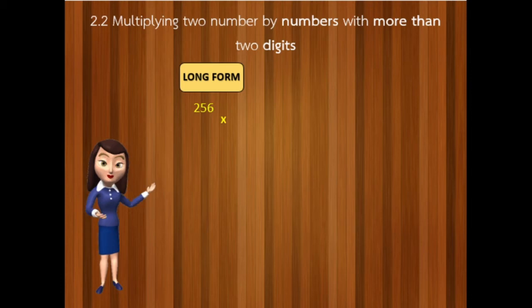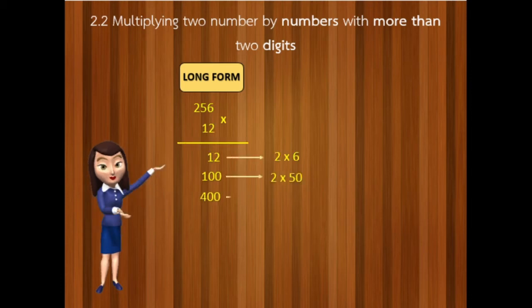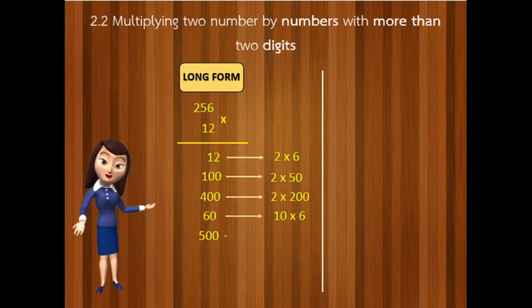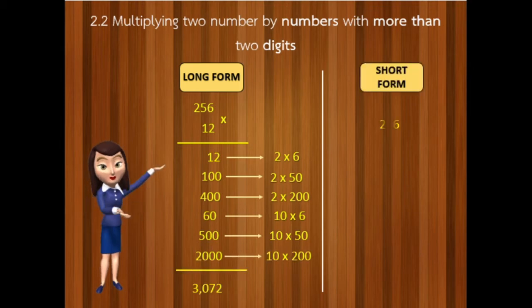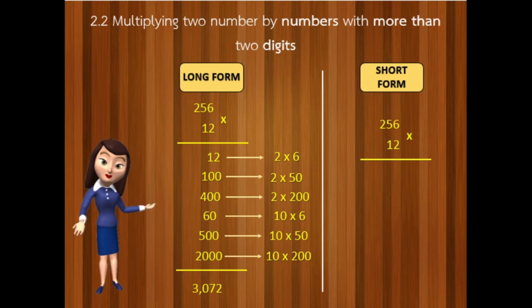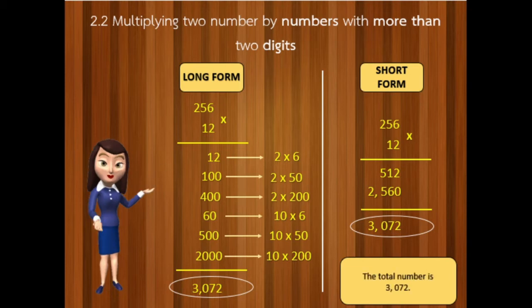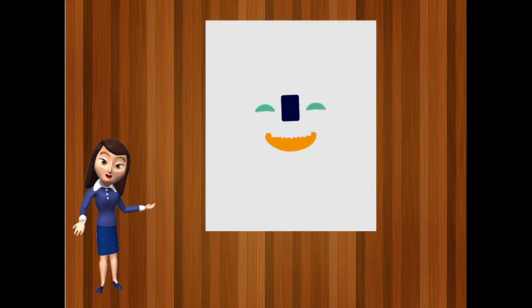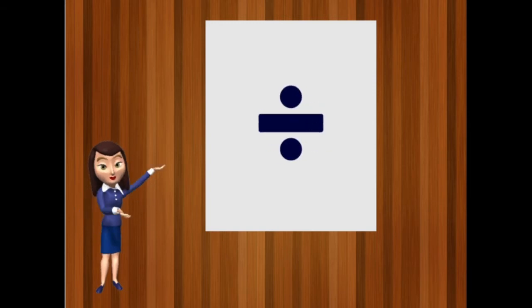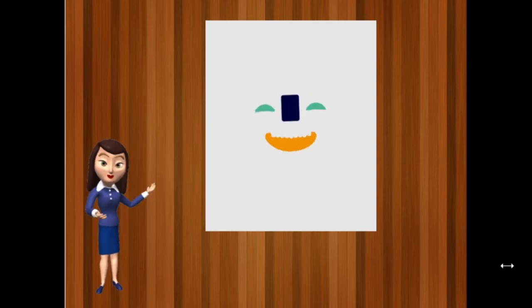Long form and short form. No matter what form you use, in the end, you will still get the same answer. Here, it's 3,072.